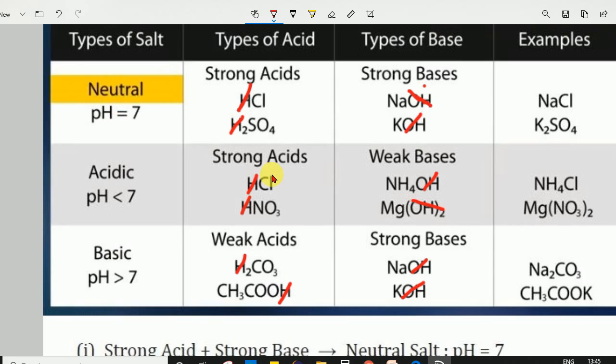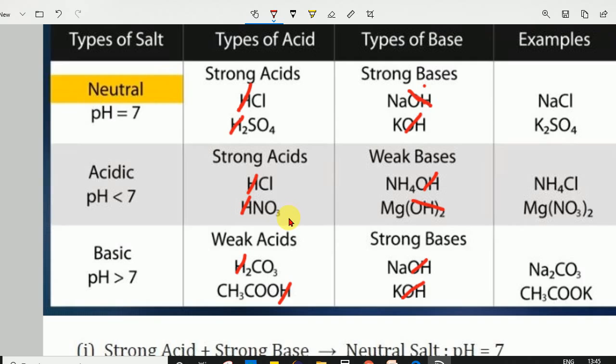When a strong acid reacts with a weak base, then the number of H ions is much higher than the number of OH ions. Thus, the salt ammonium chloride is formed. It will have some H ions in it. Therefore, the salt will be acidic.